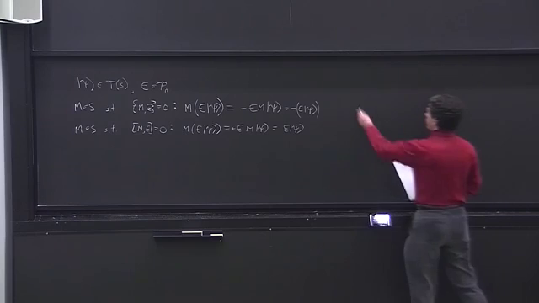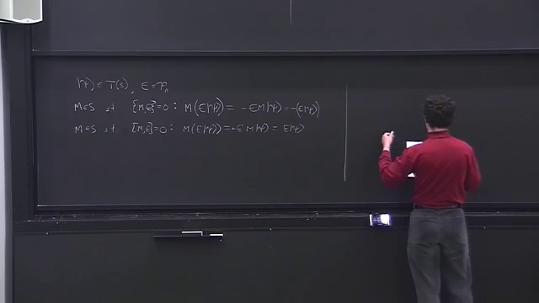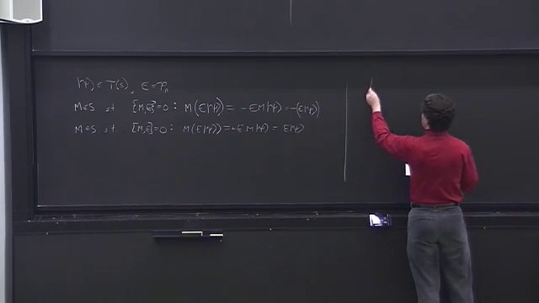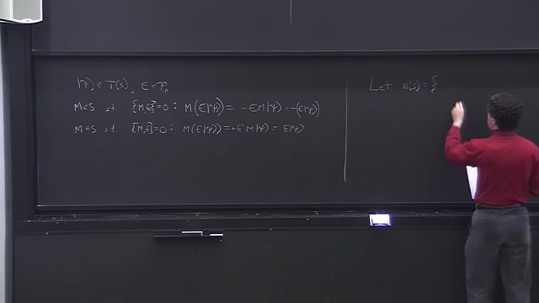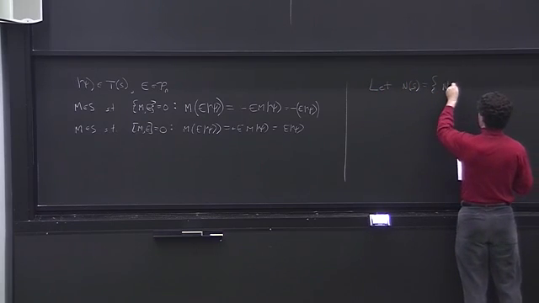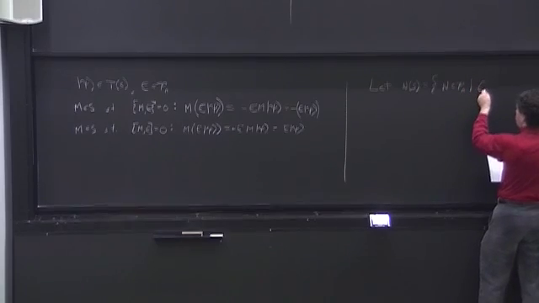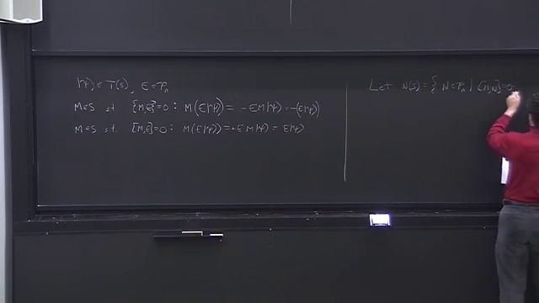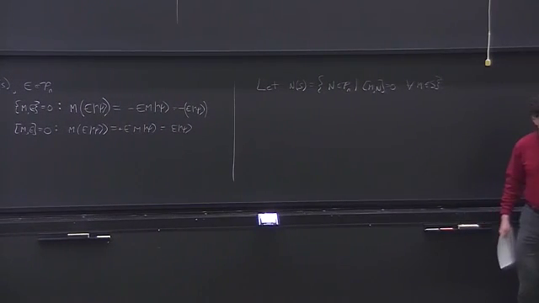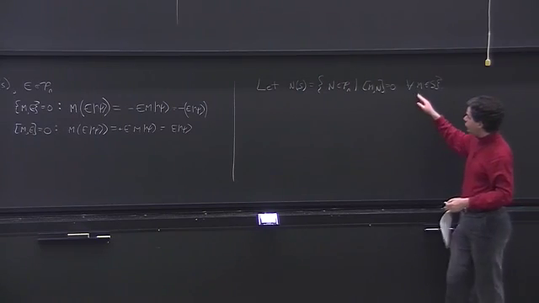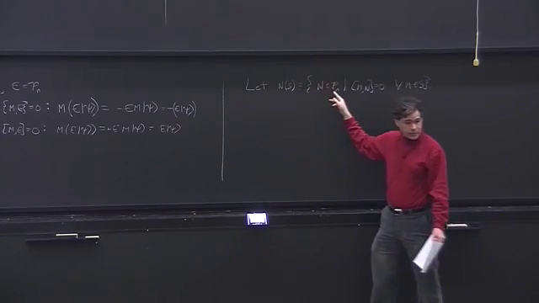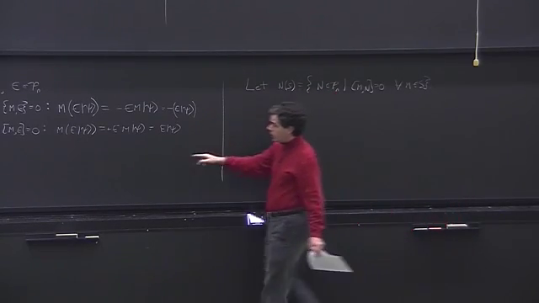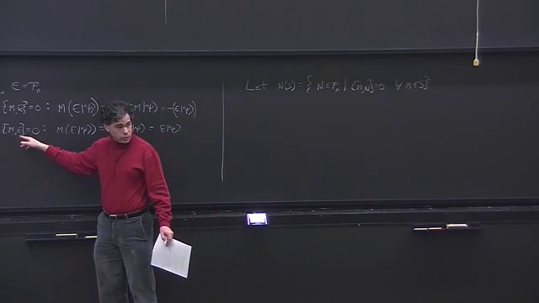So in particular, let's define this set N(S) to be the set of Paulis that commute with everything in the stabilizer. N(S), you'll notice, is so if E is in N(S), then everything in the stabilizer commutes with it.